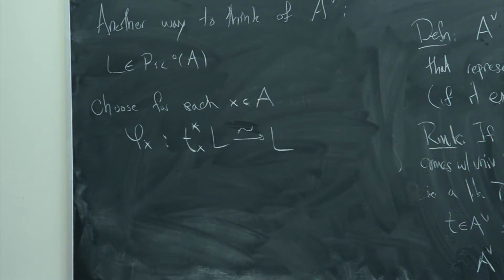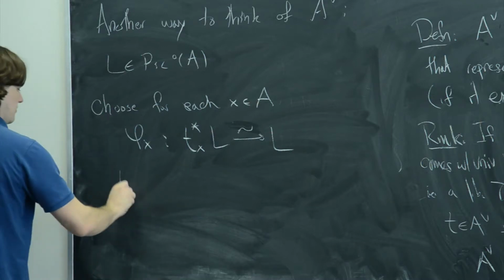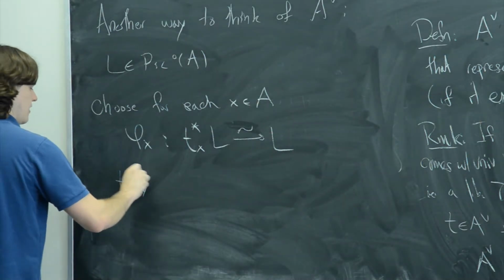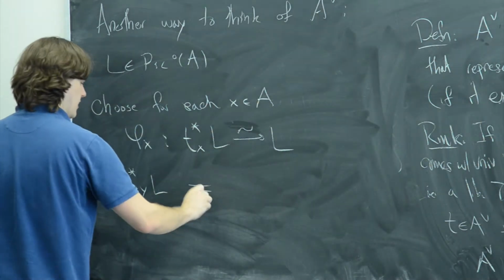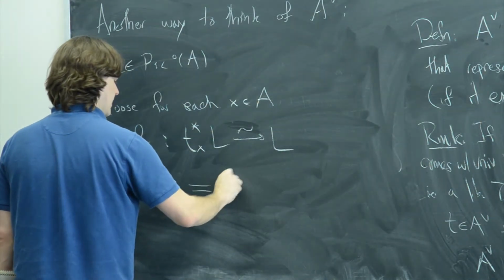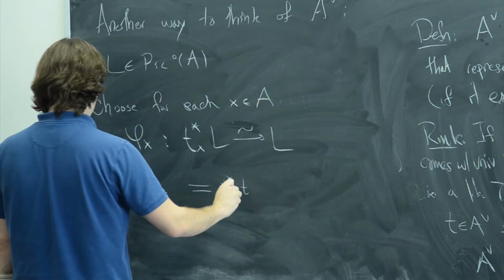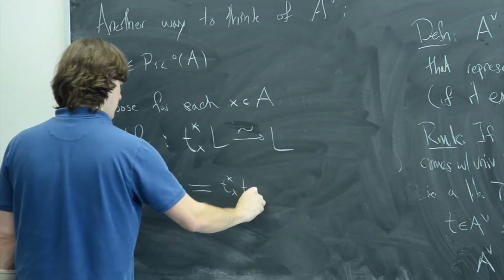And now there's some compatibility that you might expect for these for different x's, and you can look if that indeed holds. So if you look at the pullback by x plus y of L, this is very canonically the same thing as first pulling back by x, and then pulling back by y.